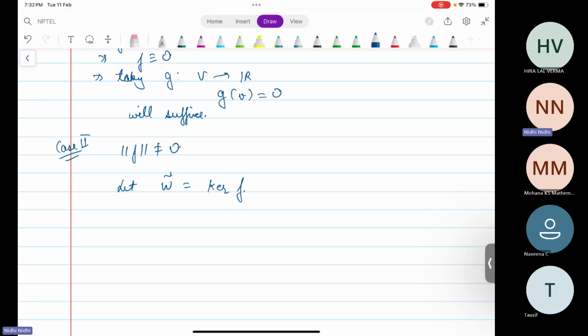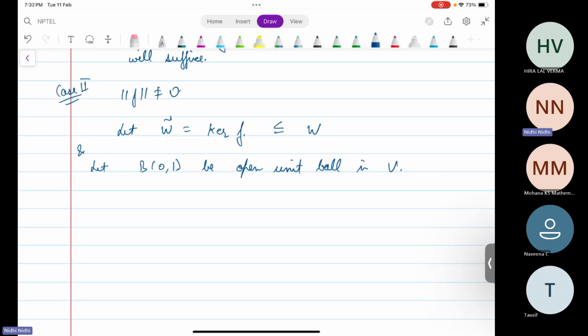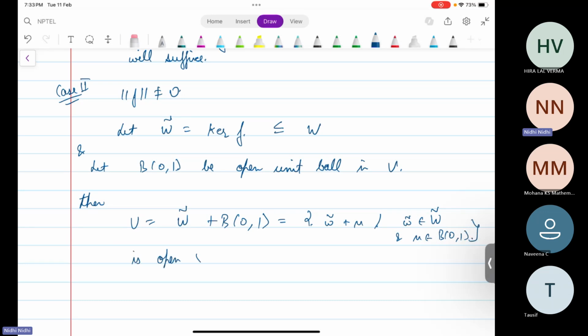We all know that the kernel of a linear transformation is always a subspace of the domain, and let B(0,1) be the open unit ball in V. Then one can easily check, by openness and convexity of B(0,1), that U equal to W tilde plus B(0,1), which has elements of the form w tilde plus u, where w tilde belongs to W tilde and u belongs to B(0,1), is open and convex.